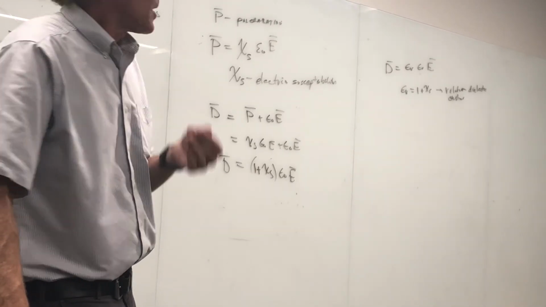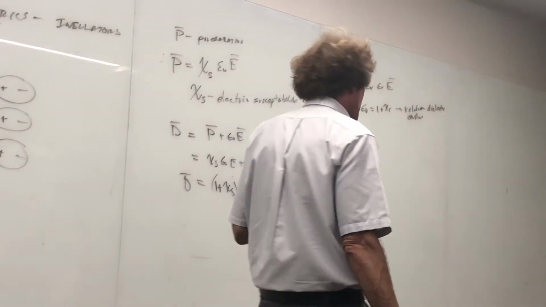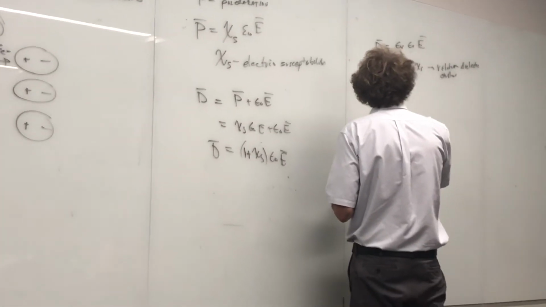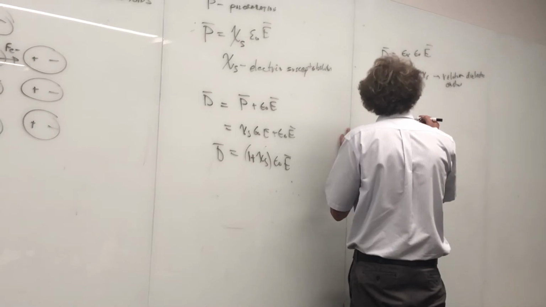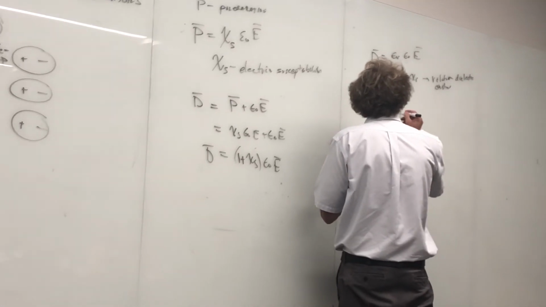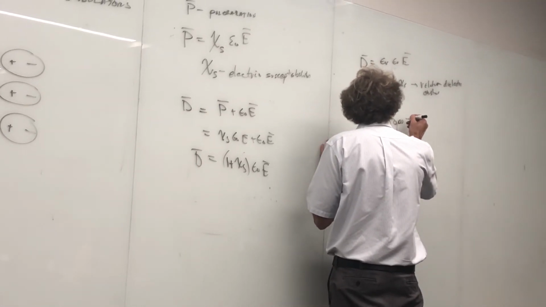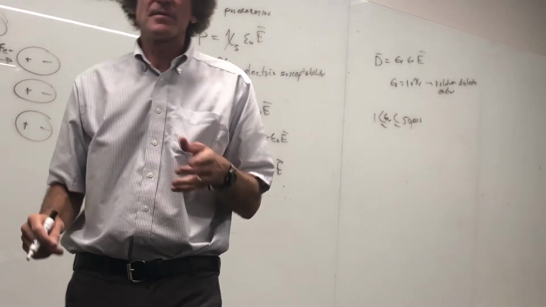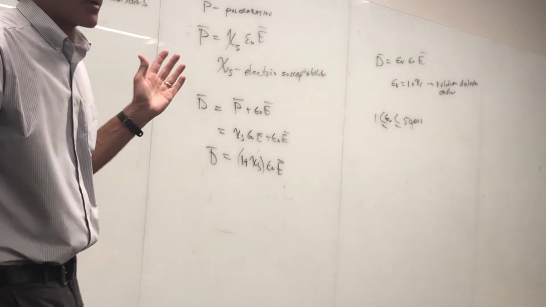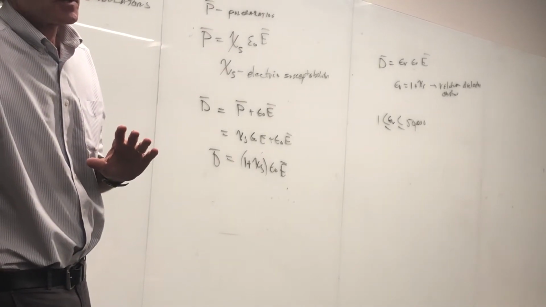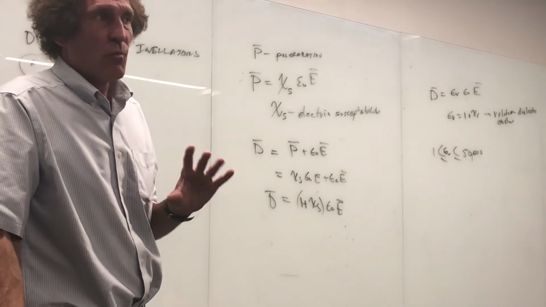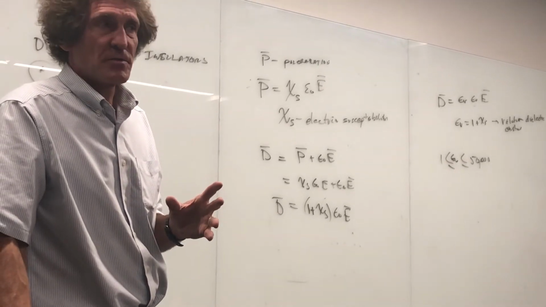Now, a dielectric constant, epsilon relative, is greater than or equal to 1 and less than about 50,000. I'm just throwing that number out; there are probably materials where it's greater. Typical dielectrics that you and I deal with in non-exotic materials are 1 to about 10 at the most.